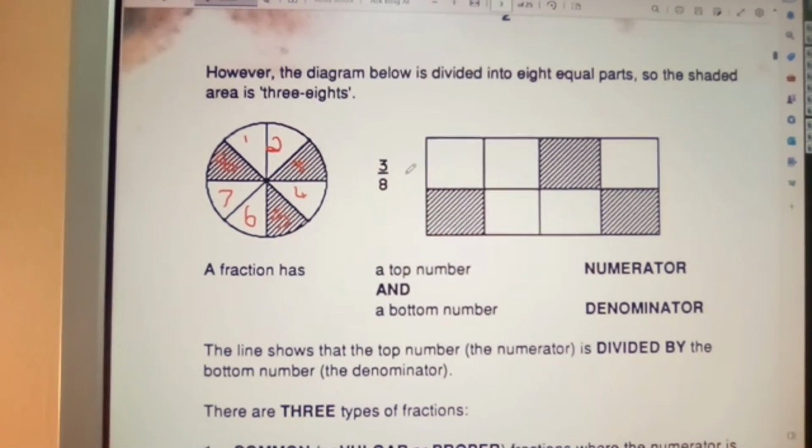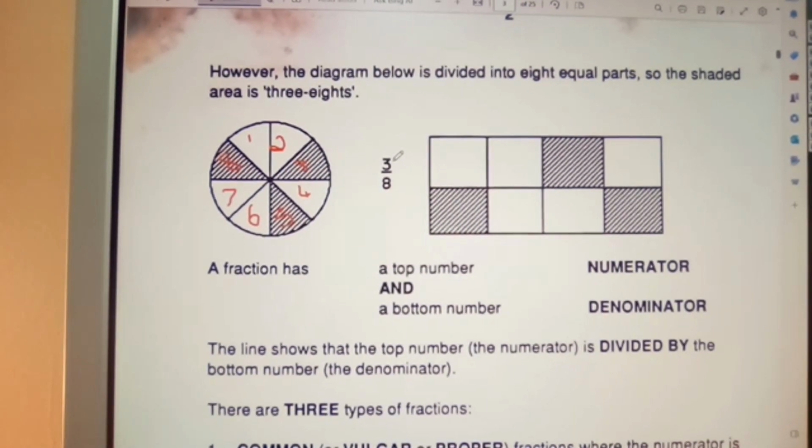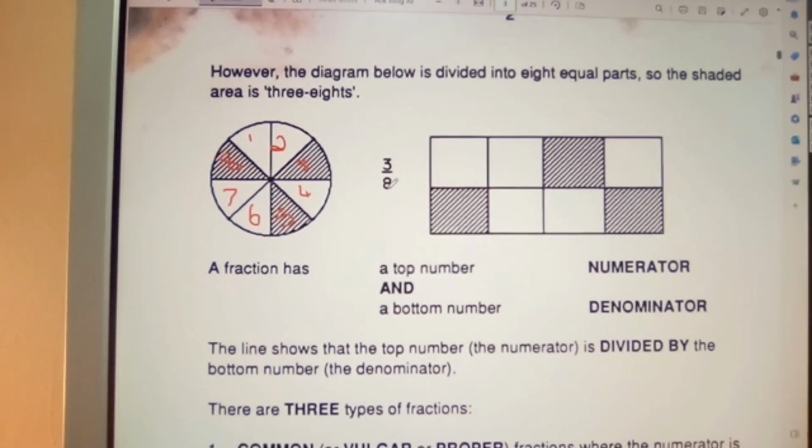Okay, so the top part tells us the portion of the whole we've taken, which is 3, and the bottom tells us the number of parts that makes up the whole, which is 8. So we've taken 3/8, okay?